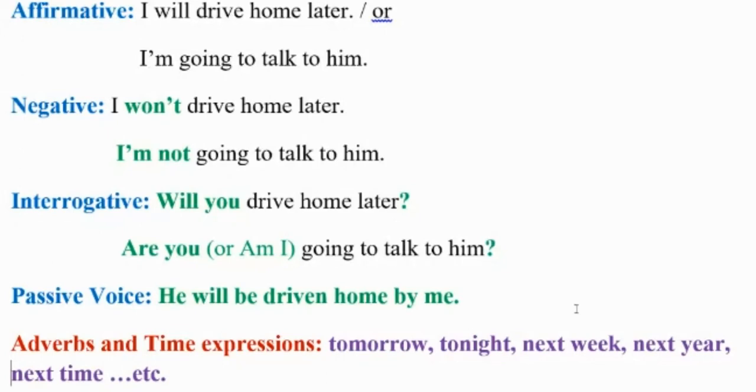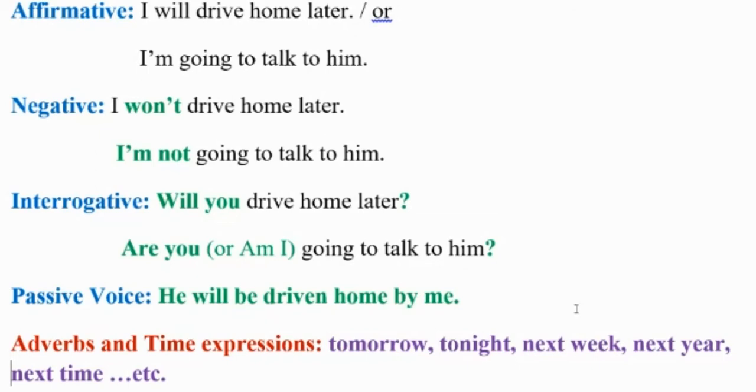But now, because it is in the future, we have to use will before the verb to be. So he will be driven home by me. You can use by. You don't have to use it. Most of the time we don't use by, but it's just to show you the rule. Because after by, the pronoun was the subject of the active voice sentence.